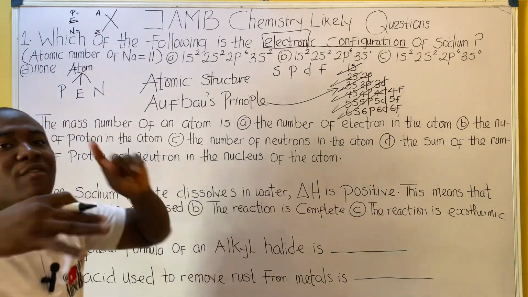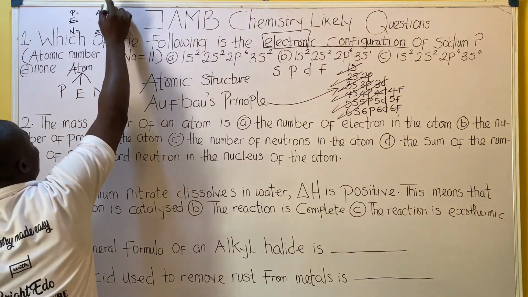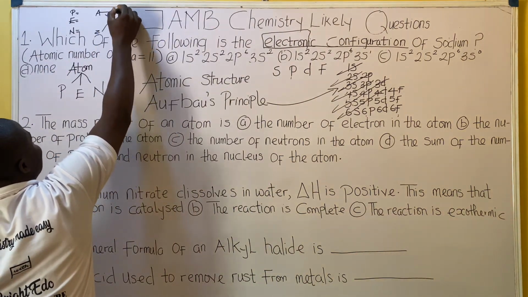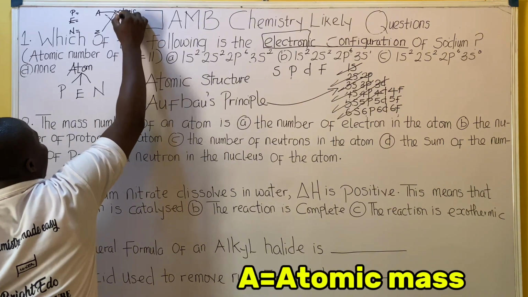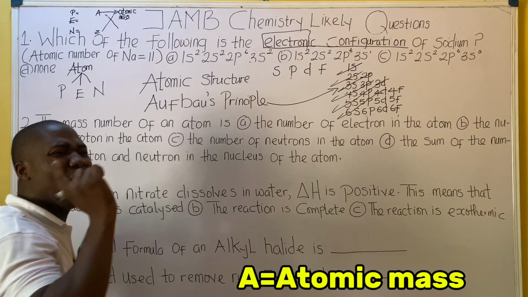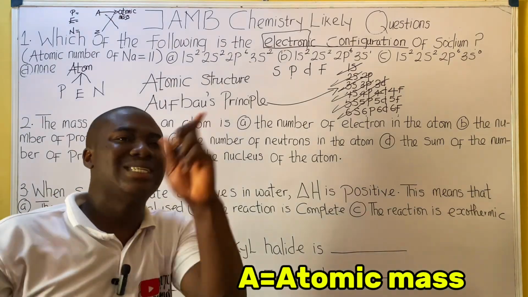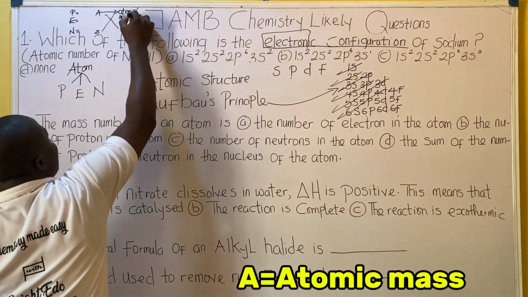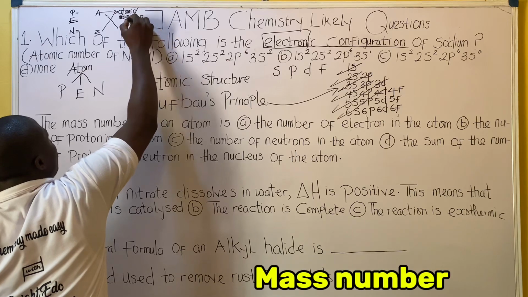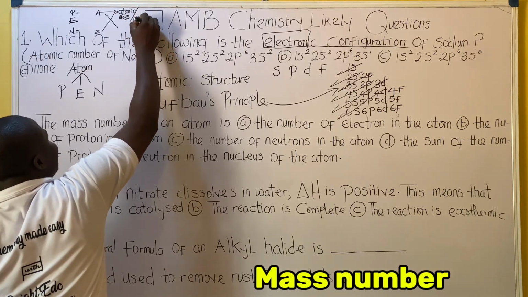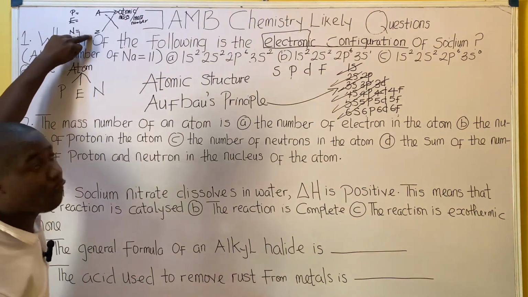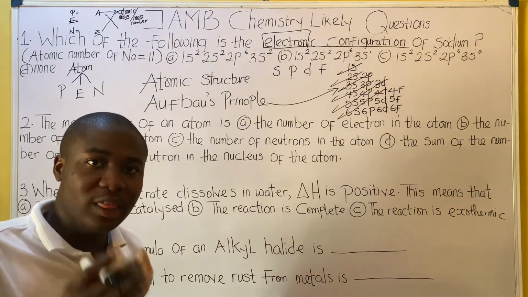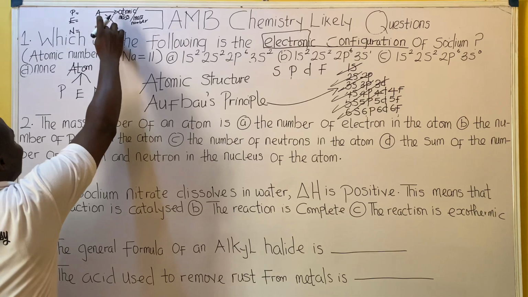Before we do that, I have to identify all of these things. A here has a name. We call A atomic mass. If I don't call A atomic mass, I'll call it another name, and that name is simply mass number. That is for A. Watch closely. For Z, what is the other name for Z you are looking at here?